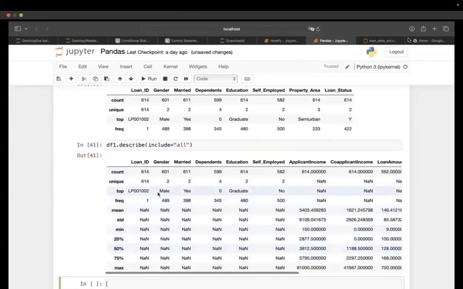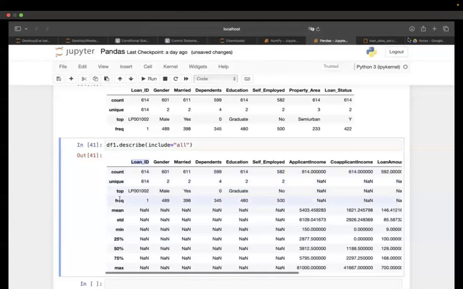Okay. For example, loan ID is your categorical type of feature. Now, in this loan ID, we can see that count, unique, top, and frequency we can only predict. For the rest of the statistical approach, it is giving me NaN as the entry. Similarly, for the numerical type of feature, we can only find mean, standard deviation, minimum, quartiles 25, 50, 75, and maximum.